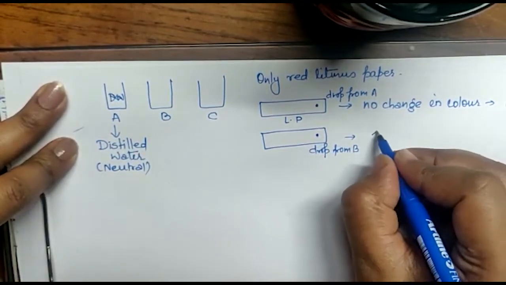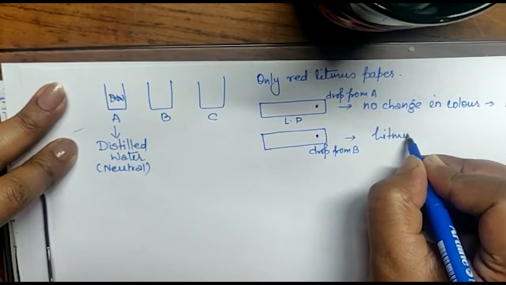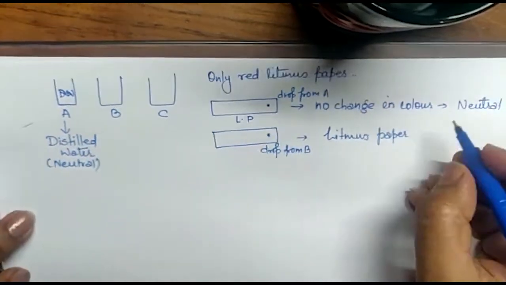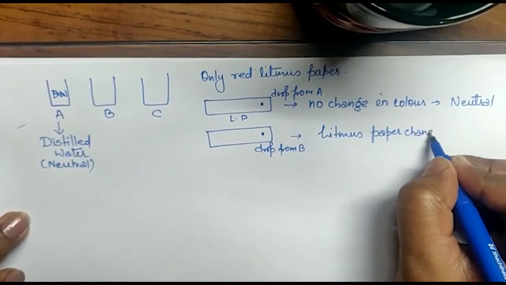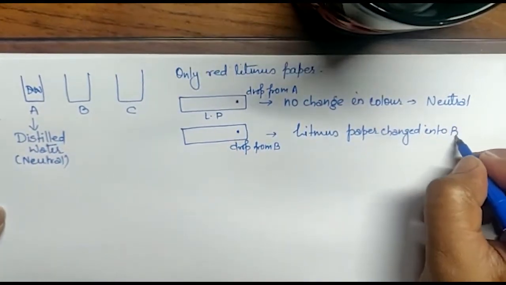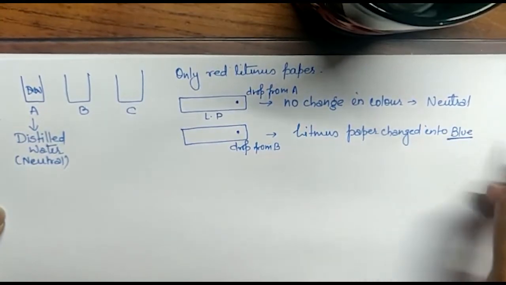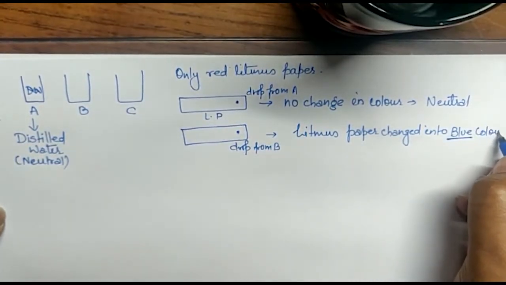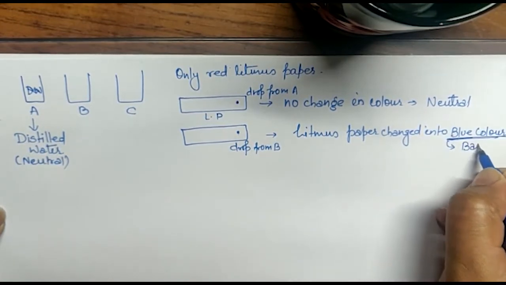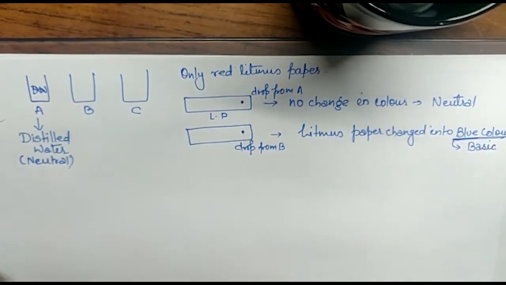We have checked that the litmus paper changed into blue color, got it? So if it changes into blue color, then it will be basic. The litmus paper turning blue means it is basic.